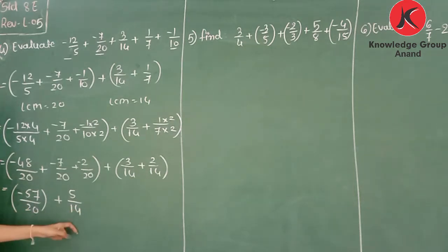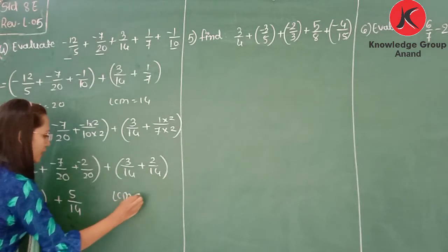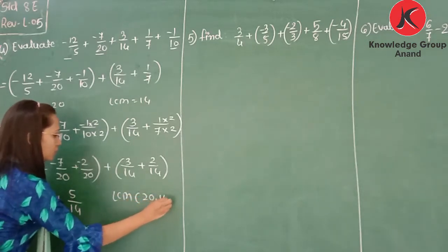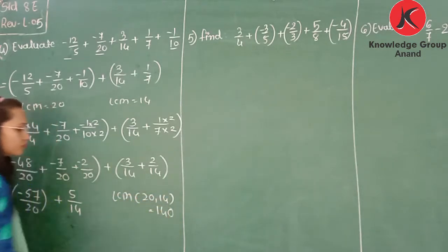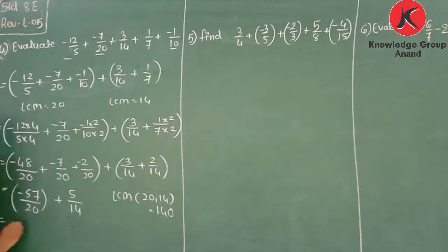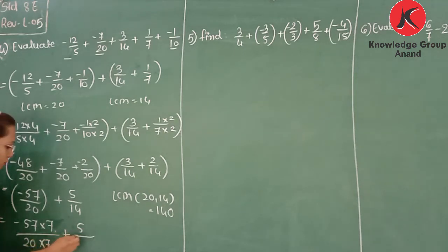Now here you need to take the LCM of 20 and 14. So the LCM of 20 and 14 will be 140. So here minus 57 needs to be multiplied with 7 to get 140, and 5 by 14 needs to be multiplied with 10 to get 140.